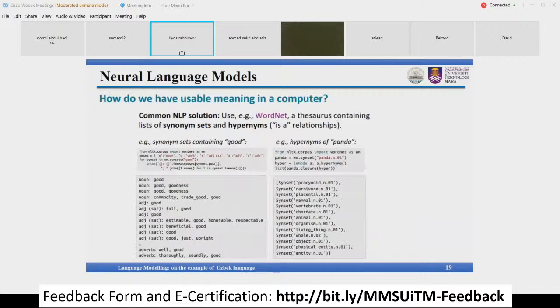How do we have usable meaning in a computer? A common NLP solution is to use resources like WordNet and thesauri containing lists of synonym sets and hypernym sets. Hypernyms are semantic relations. Synonym sets contain, for example, the synonyms of good, and hypernyms of panda describe what it is a kind of.